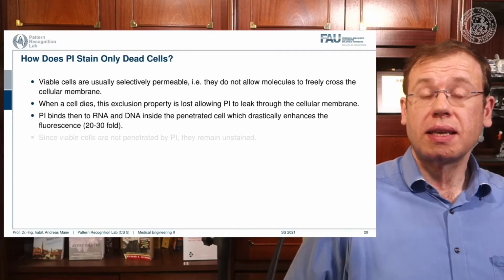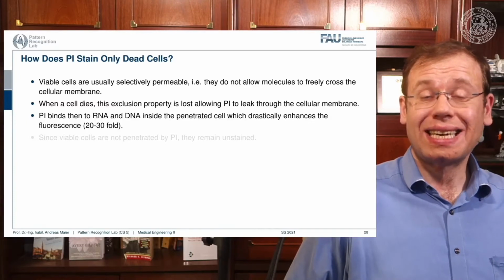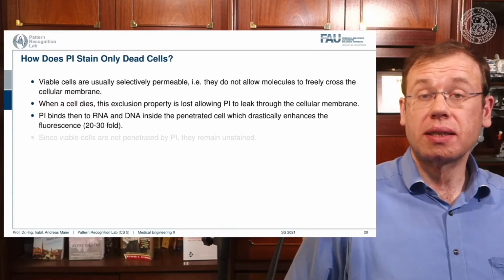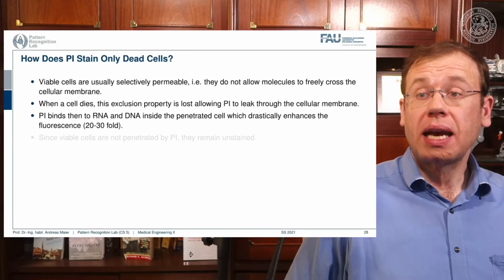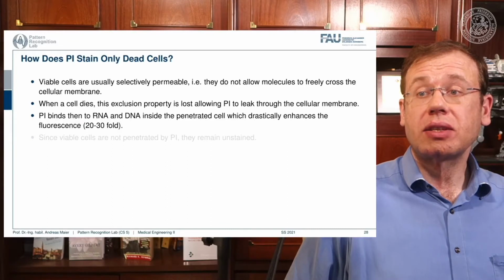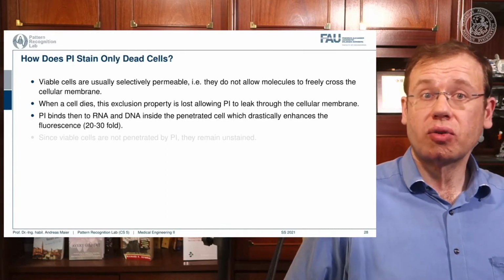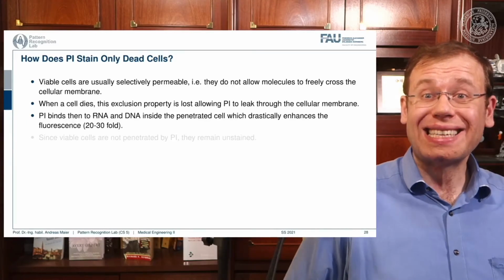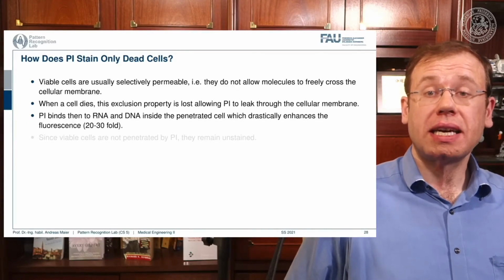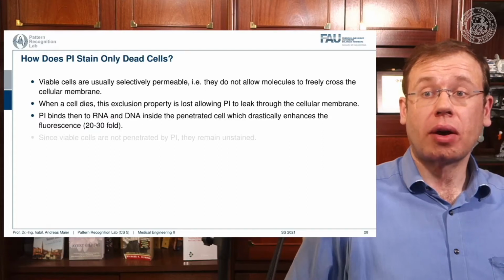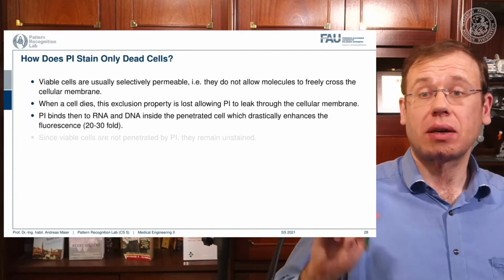So the contrast agent binds then into the RNA and DNA, because this is how we constructed our marker, and it stays inside the penetrated cell and then drastically enhances the fluorescence. It's a factor of 20 to 30 fold, and it stays in there because it is actively binding to RNA and DNA inside of the cell.